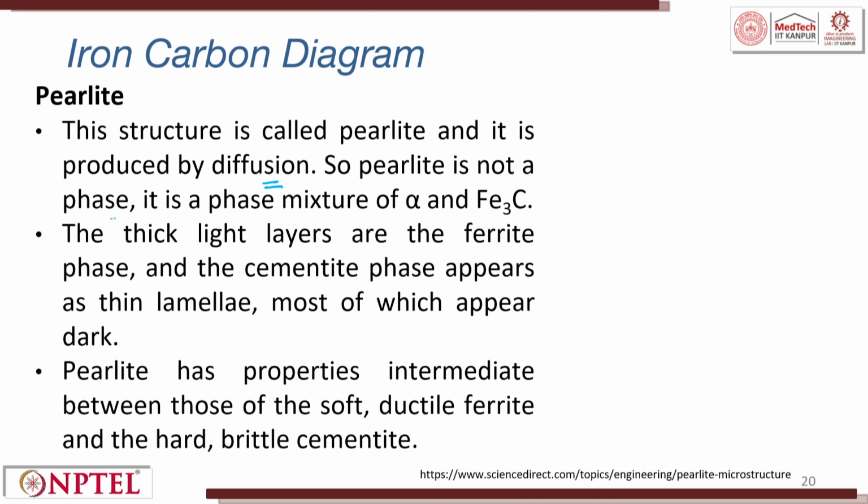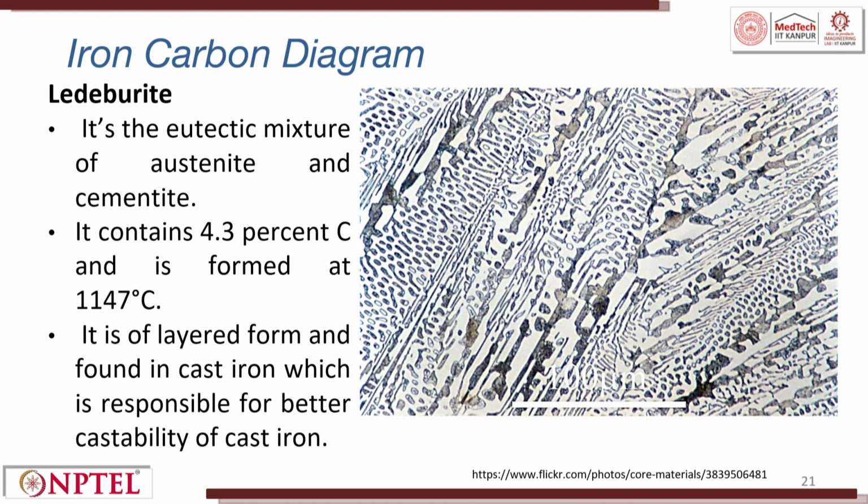Pearlite is not a phase, it is a mixture of alpha plus Fe3C. The thick light layers are the ferrite phase and the cementite phase appears as thin lamellae, most of which appear as dark. Pearlite has properties intermediate between those of the soft and ductile phase and the hard and brittle phase.